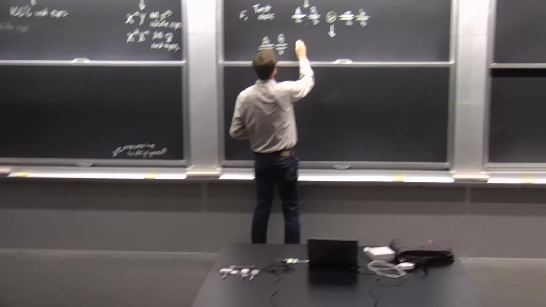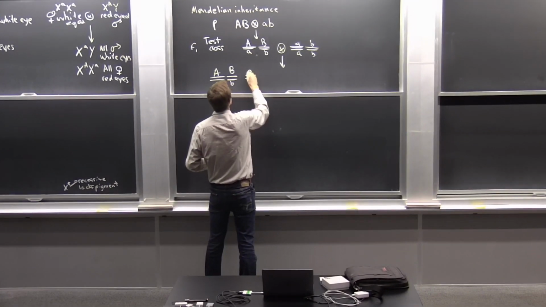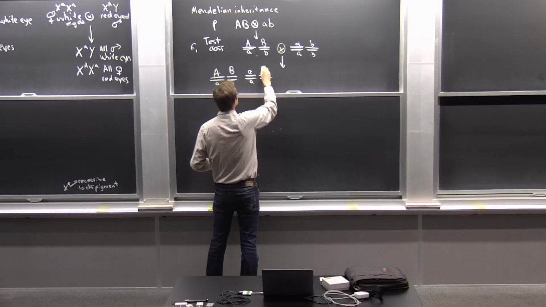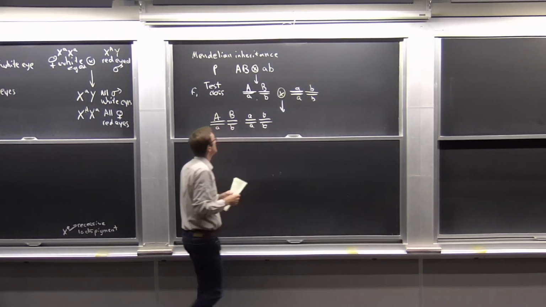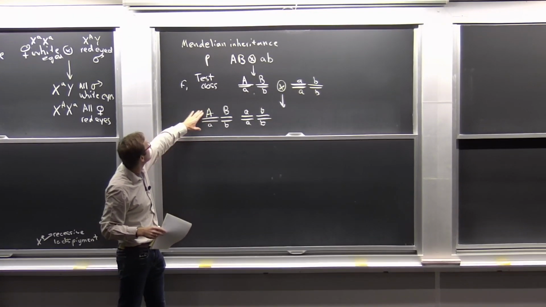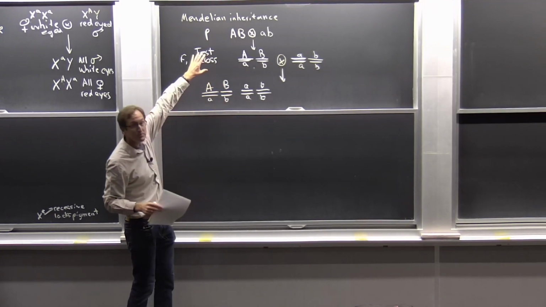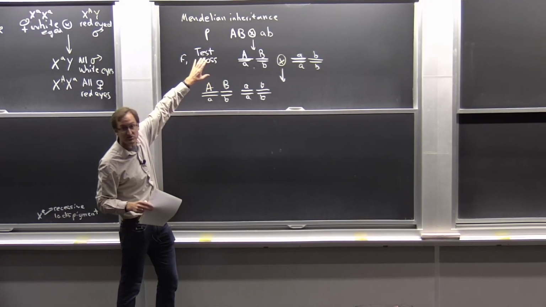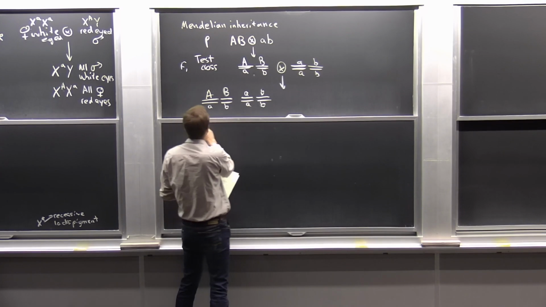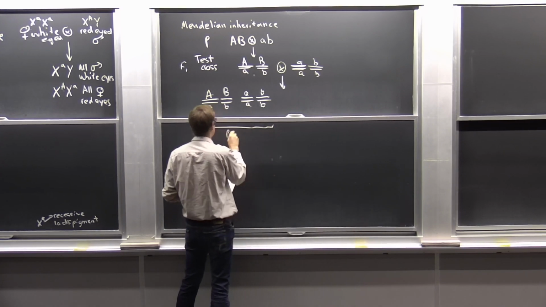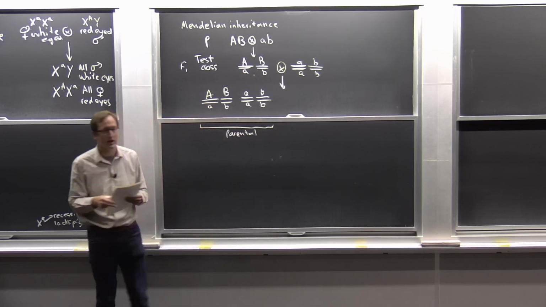So that's the other class here. You can get these two classes of progeny, and the phenotypes of these two classes will resemble the parents, right? So these are known as parental gametes. So these are the parentals, okay?